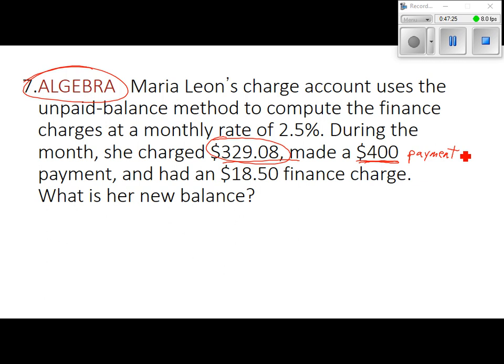She made a $400 payment. So this is going to get added on. This is going to get what? Subtracted. We have to find what the previous balance was. We have to figure out what the previous balance was, don't we?